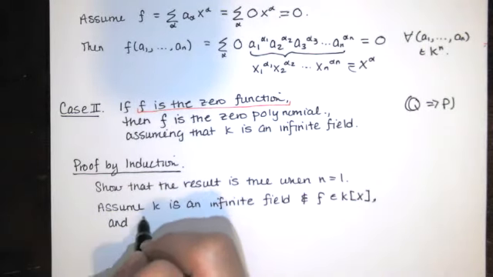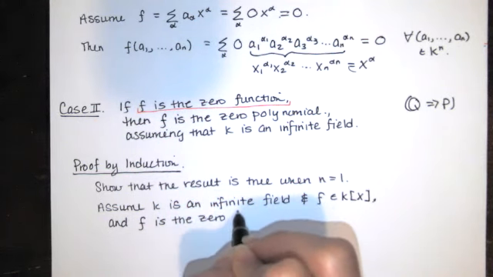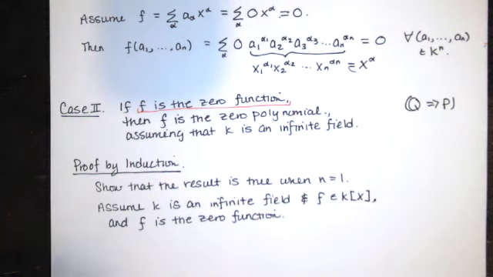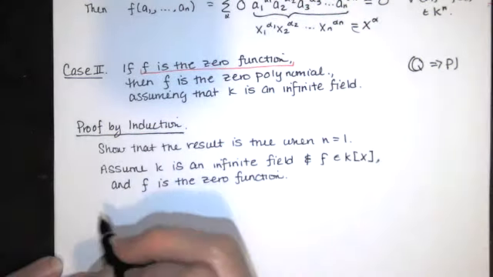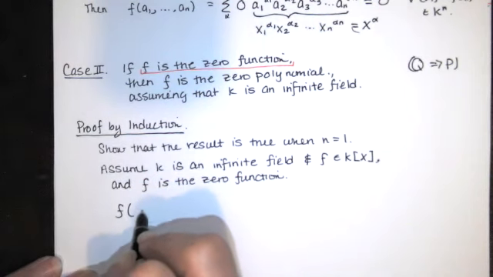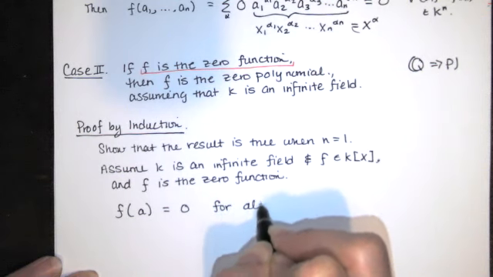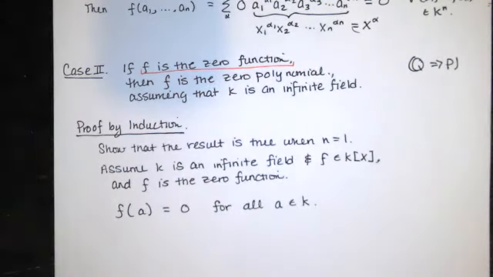And we're going to assume that F is the zero function. So that means that F of A is equal to 0 for all A in this infinite field.